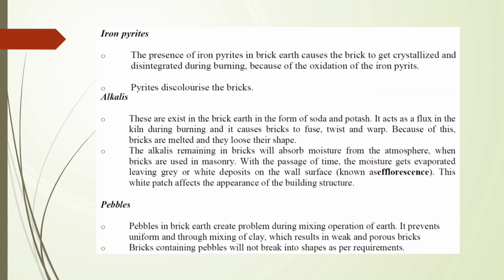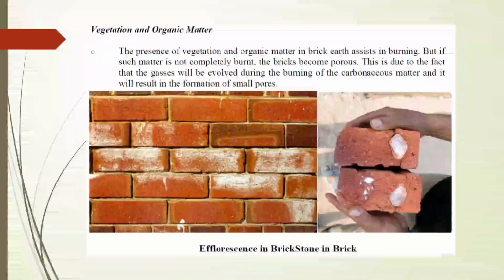Pebbles. The presence of pebbles of any kind is undesirable in brick earth. They do not allow the clay to be mixed uniformly and thus result in weak and porous bricks. Such bricks also do not break regularly as desired. Vegetation and organic matter.